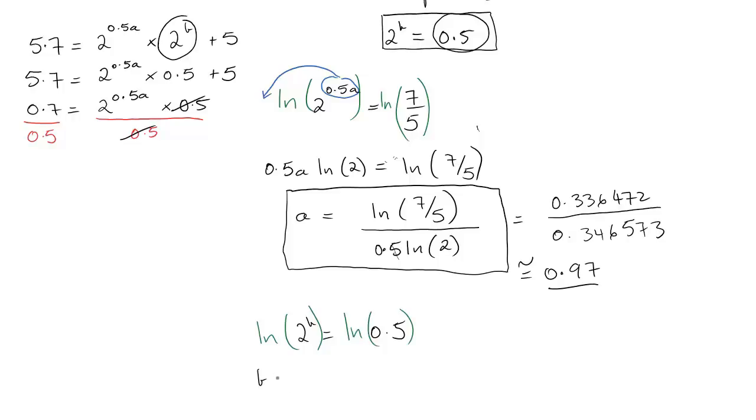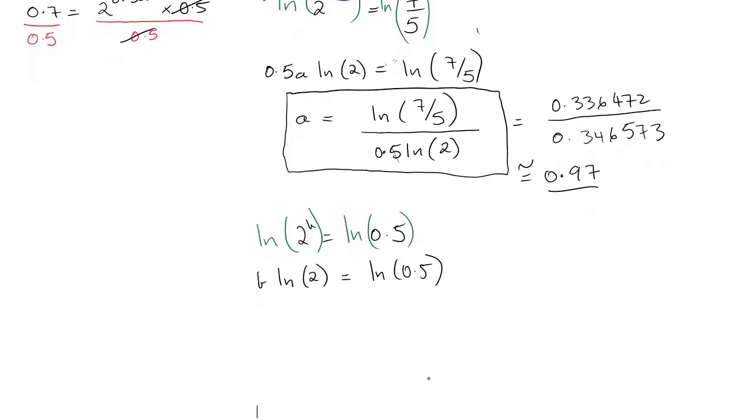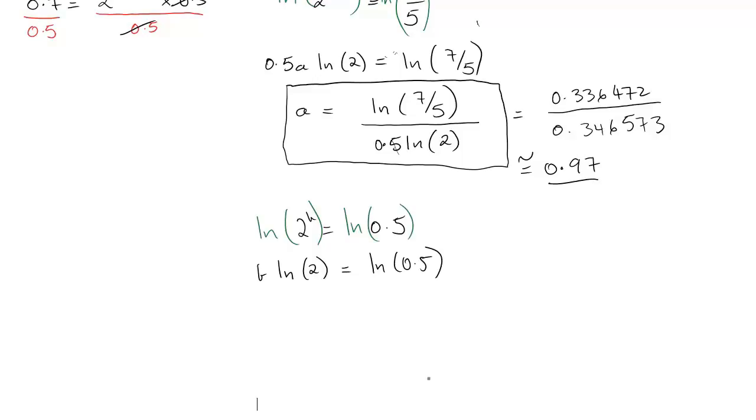So b log of 2, and then you have 0.5 log divided by 2 log. So you get -1.